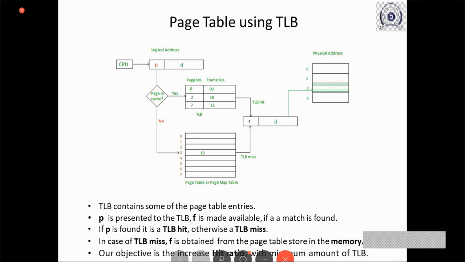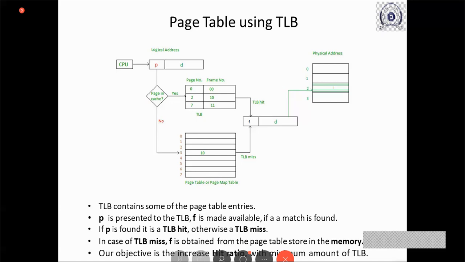We have a limited amount of associative memory, so the TLB contains only some of the page table entries. The logical address is given as page number p and offset d, and p is presented to the TLB. If the entry is available in the TLB, the corresponding frame number is obtained from the TLB.